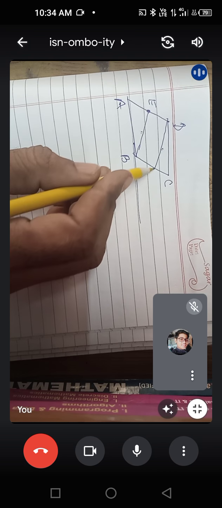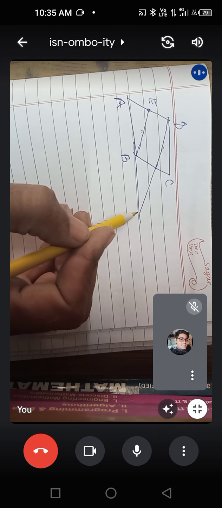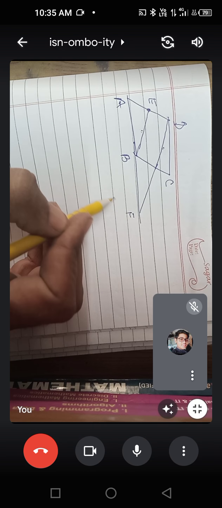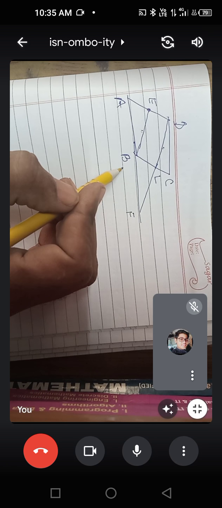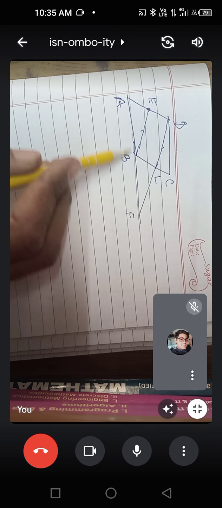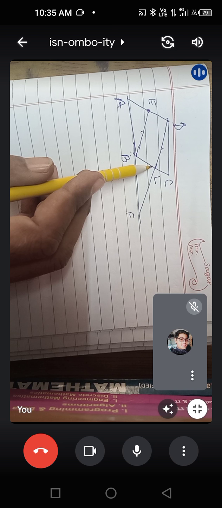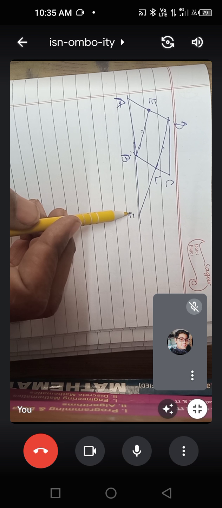When you extend it, it meets here somewhere at point F. This point is taken as L. So a line drawn through D parallel to EB meets AB produced at F and BC at L. So this point here is F and this point is L.